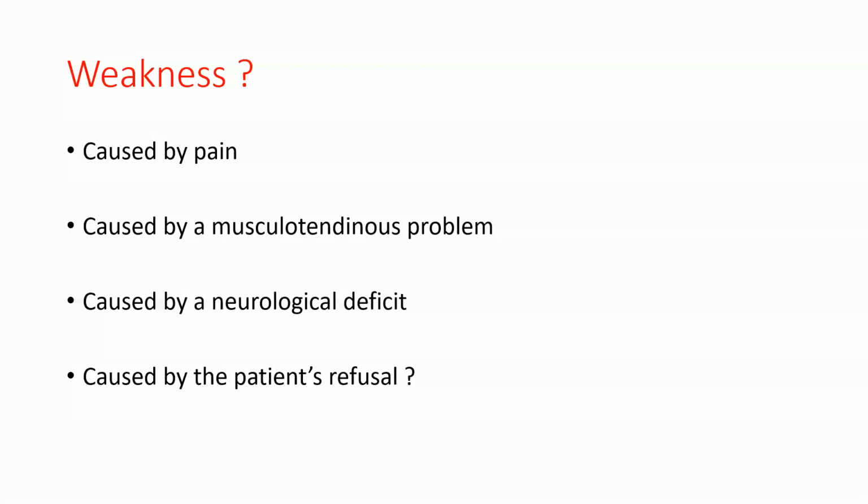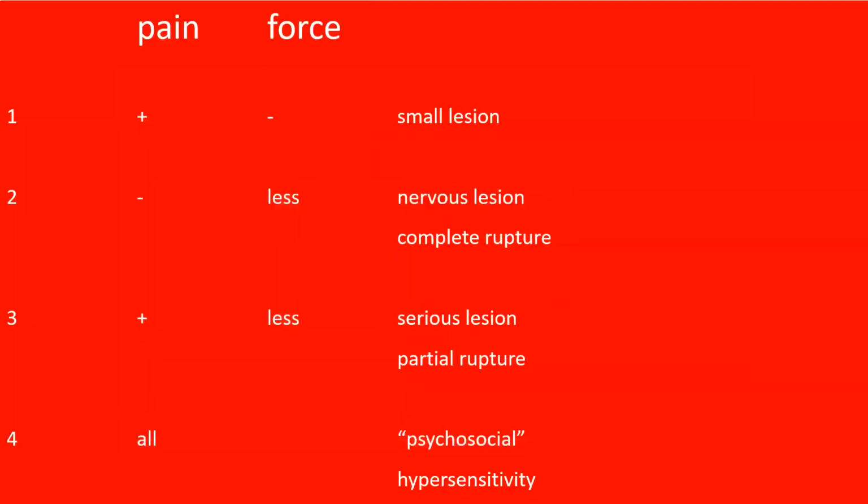It could be a musculotendinous problem, a rupture. Could be a neurological problem, compression on a nerve root by a disc or an osteophyte. Could be a mononeuritis. But it could also be the patient's refusal. Some simulating patients want you to believe that they have a problem, but in fact they don't have a real problem, they just want 2 weeks of holiday, they could also react like this. So keep that in mind, because this is super important when you are evaluating your test result.